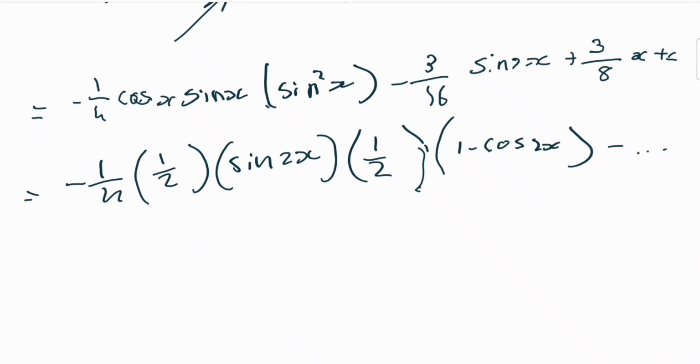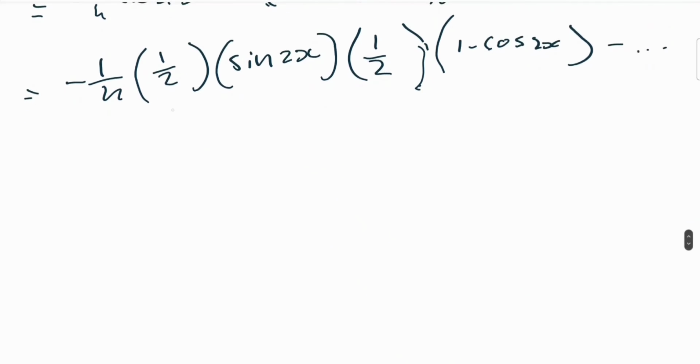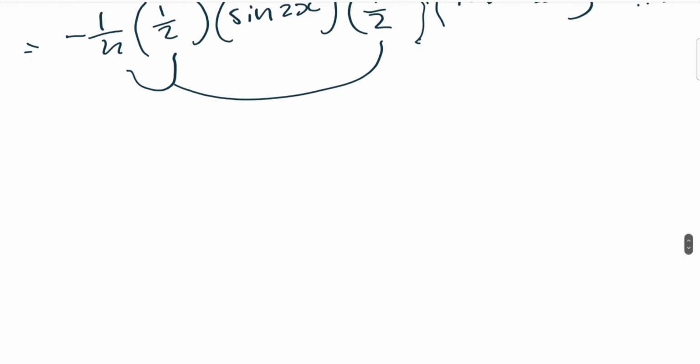Okay, so we can move these into the front. So it's going to become negative 1 over, and then 4 times 2 is 8, and then 8 times 2 is 16.